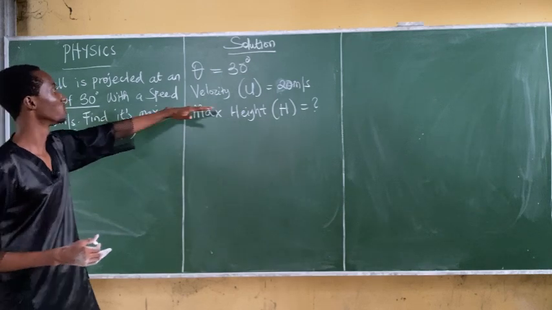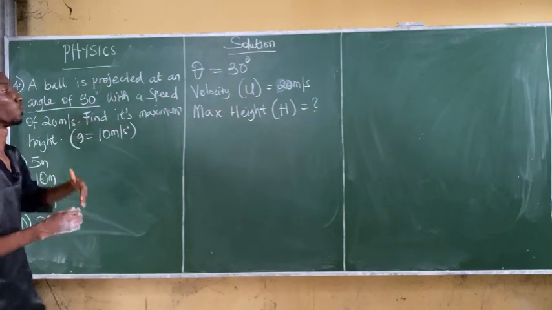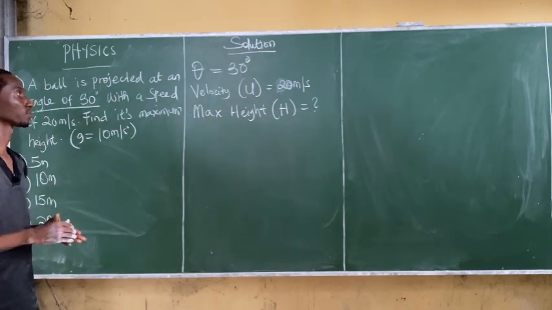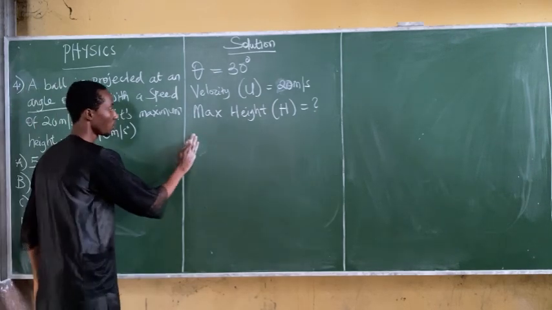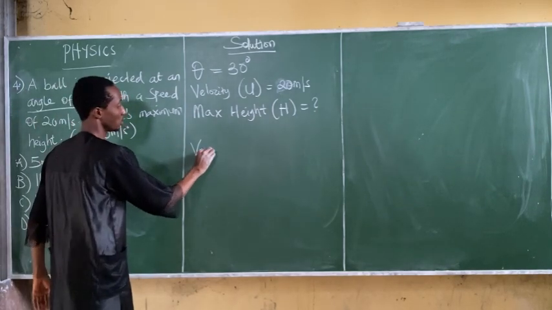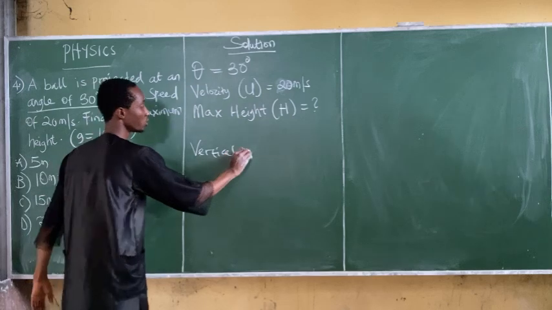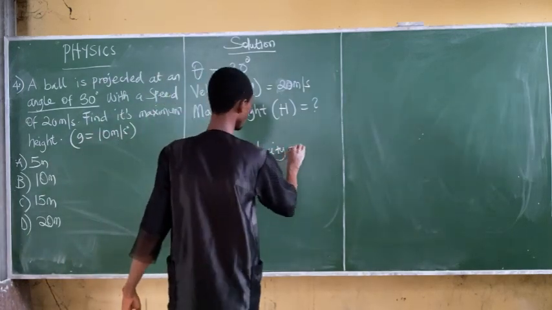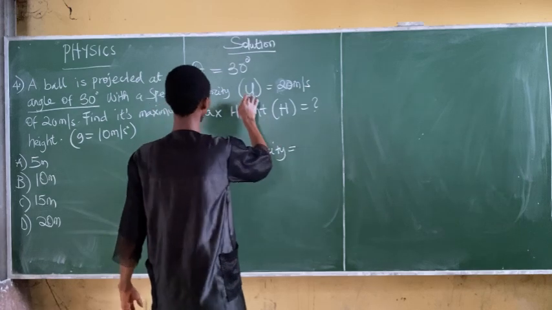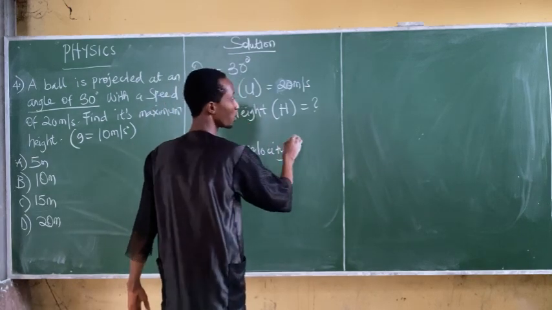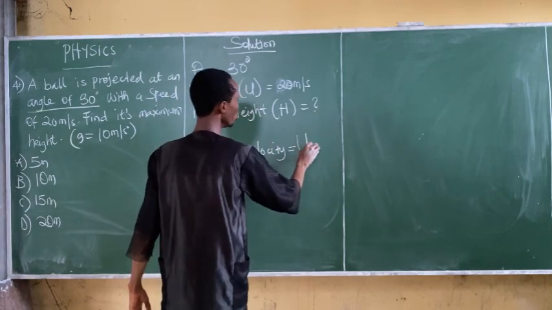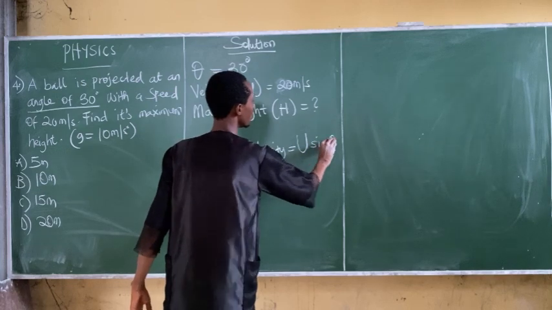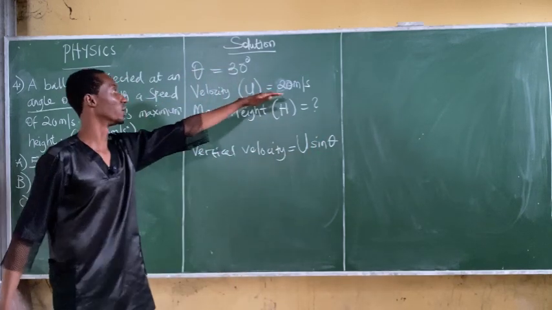So in this question, the velocity given is the velocity we must resolve. Now, the vertical velocity is equal to u sine theta, if we resolve the velocity.